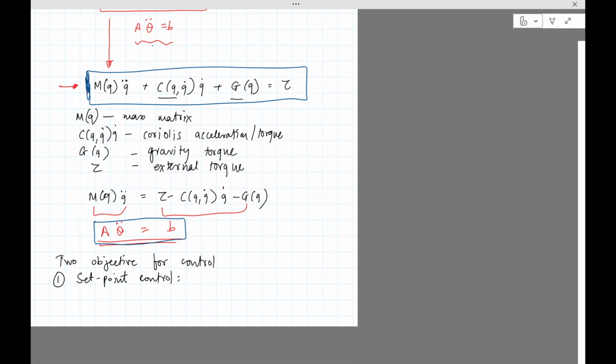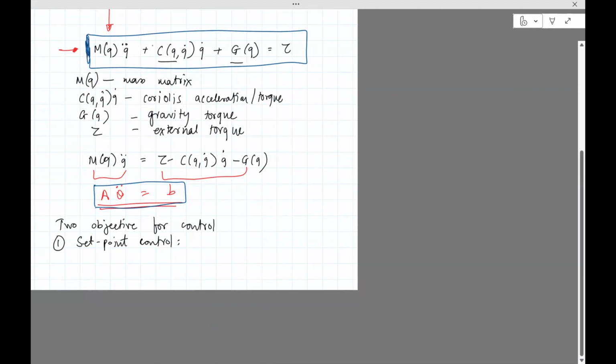An example would be, you want the pendulum to be inverted, to balance an inverted pendulum, or keep a pendulum in the vertically upright position when gravity is pointing downwards. If you don't have a controller which is keeping the pendulum upright, then the pendulum will fall down, right? And so you need to have some control.